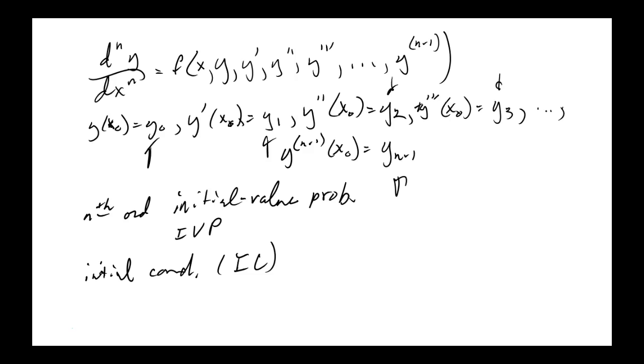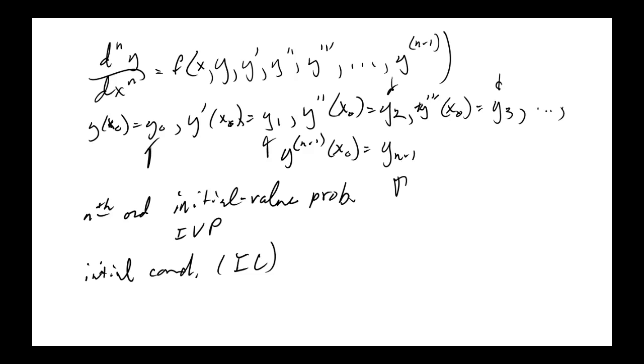So solving an nth order initial value problem, such as the one listed here, frequently entails first finding the n parameter family of solutions of the differential equation, just like we've been doing before, then using the initial conditions at x0 to determine those n constants in the family.